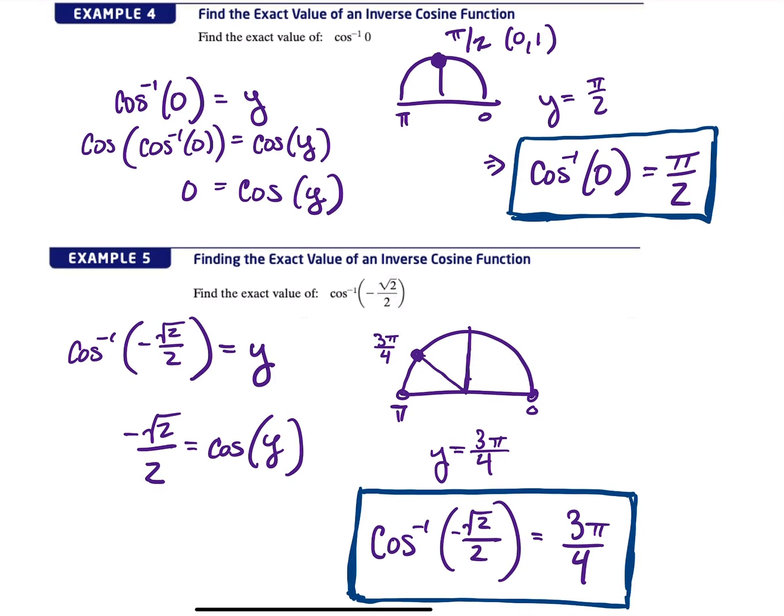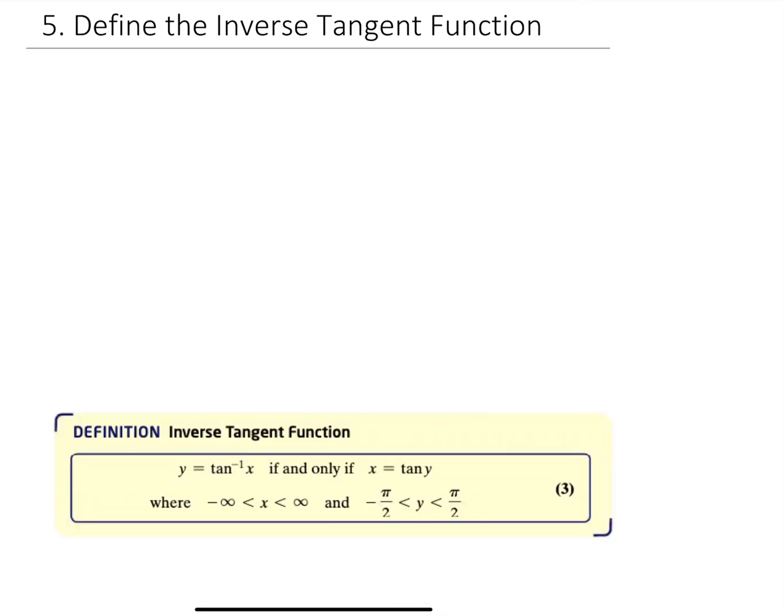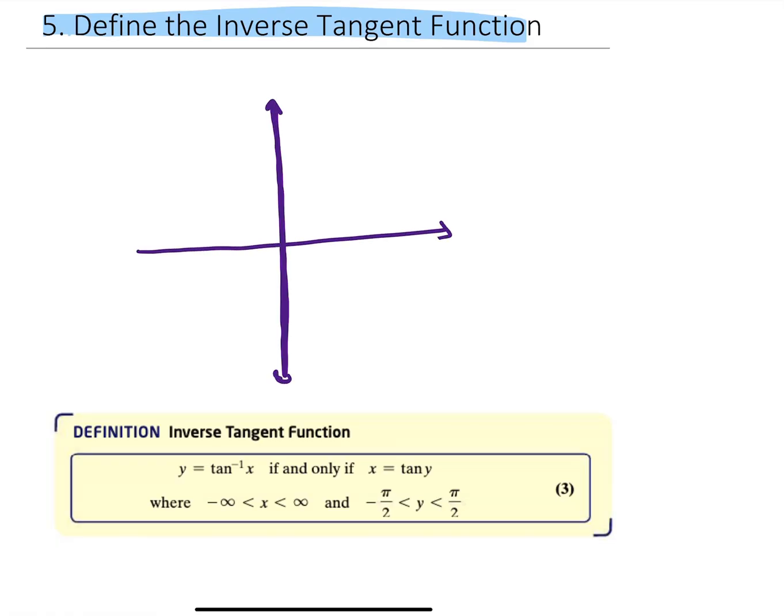All right, and then let's look at the tangent. So how does the tangent need to be restricted? If we remember the graph of the tangent, we have a bunch of vertical asymptotes at odd multiples of pi over 2. So we can imagine over here, negative pi over 2. Over here at positive pi over 2, we have some vertical asymptotes.